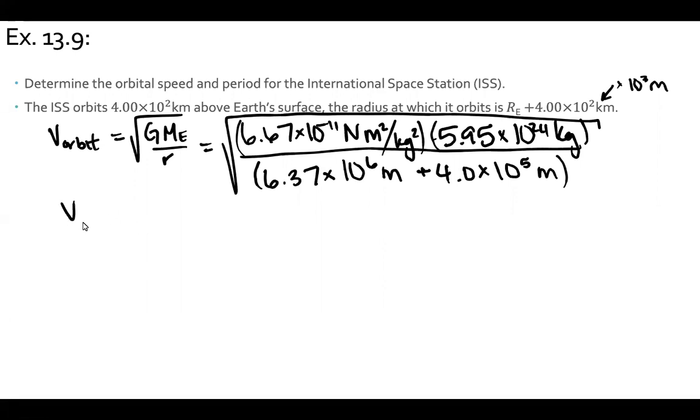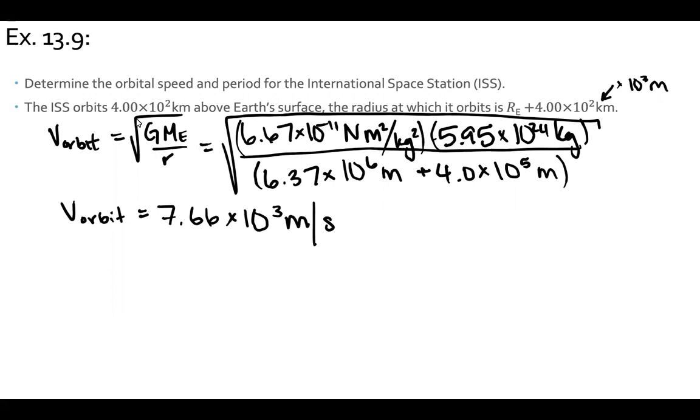Okay, so our orbital speed for the ISS is going to be 7.66 times 10 to the 3rd, and this is in meters per second. Okay, so that is our orbital speed of the ISS.